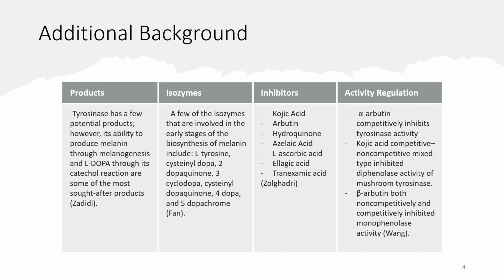For example, alpha-arbutin competitively inhibits tyrosinase activity. Kojic acid is a competitive, non-competitive, mixed-type inhibitor of diphenolase activity. There's also beta-arbutin, which both non-competitively and competitively inhibits monophenolase activity.